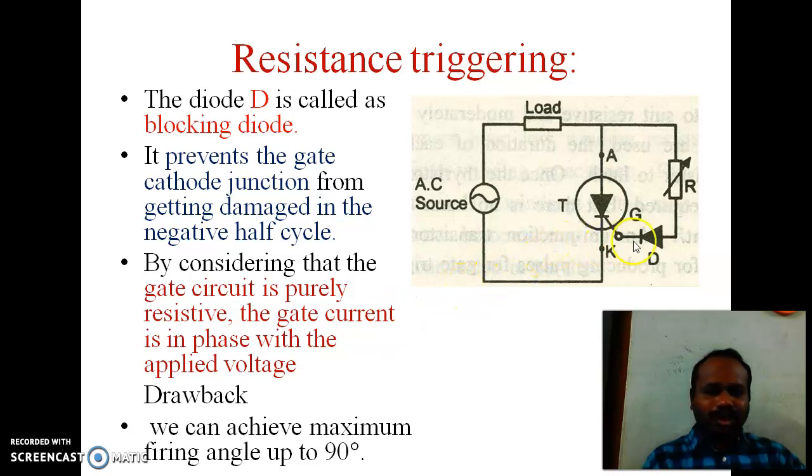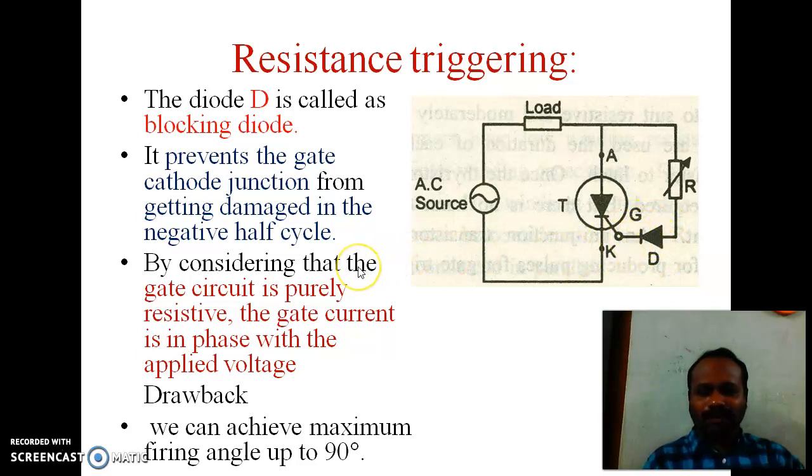In this, the diode D is known as blocking diode because it prevents the gate cathode junction from getting damaged during the negative half of the supply.